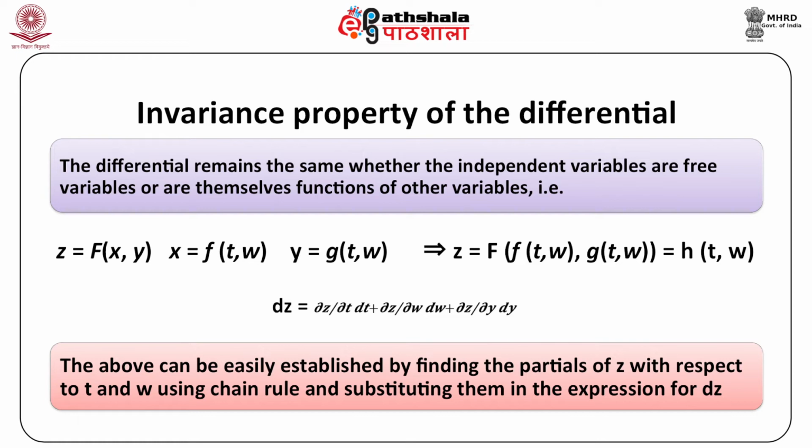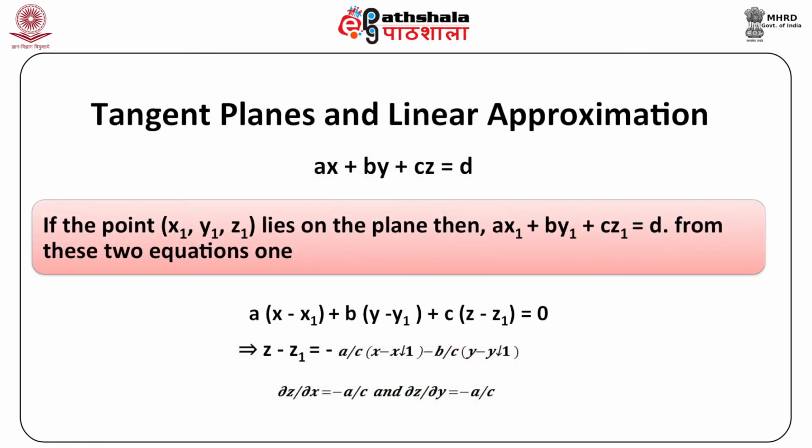The above can be easily established by finding the partials of z with respect to t and w using the chain rule and substituting them in the expression for dz. Tangent planes and linear approximation.